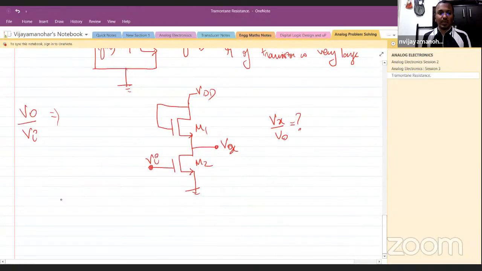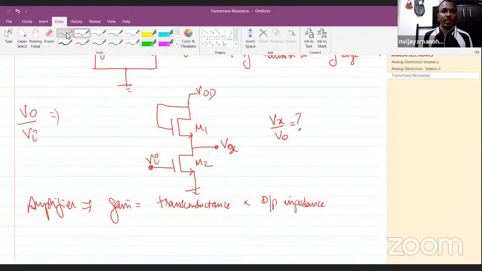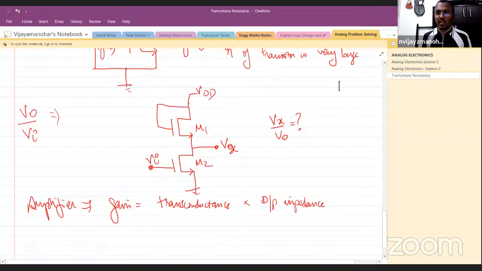Whenever we have an amplifier, the gain is nothing but transconductance into output impedance. Now, whenever you have a MOSFET, kindly remember, the impedance looking into the source is 1 by Gm.